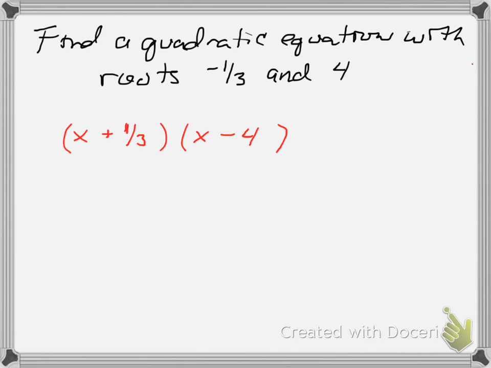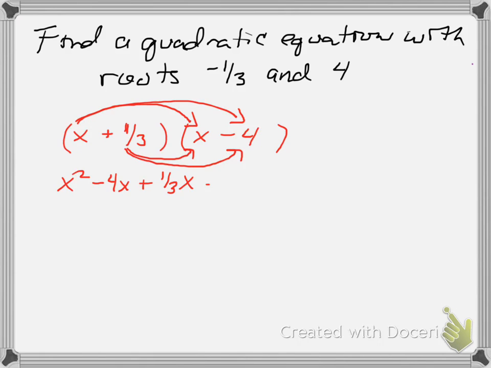Okay? Then we're going to distribute the x. X times x is x squared. X times -4 is -4x. Distribute the 1/3 and distribute to the -4, -4/3.